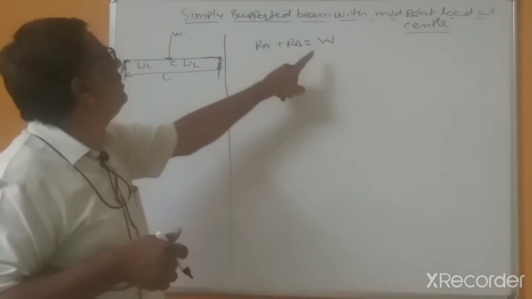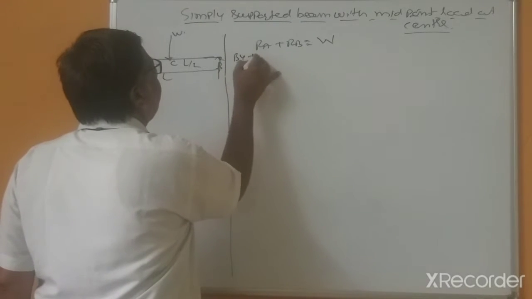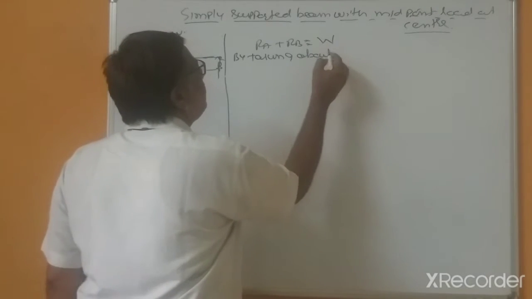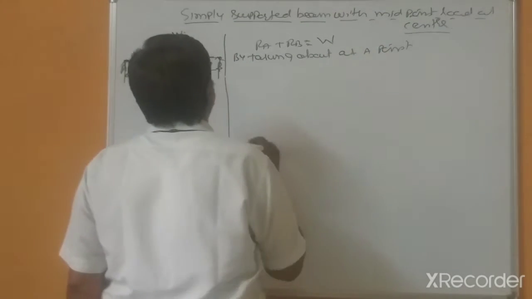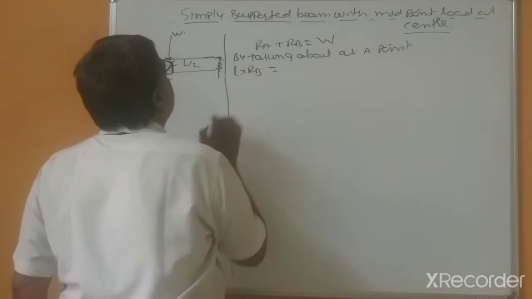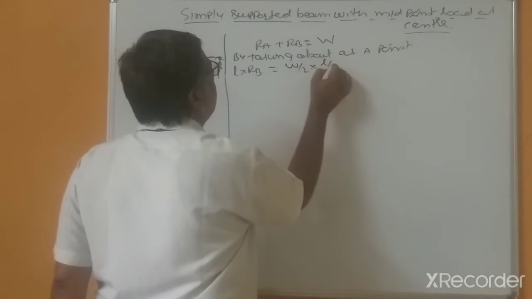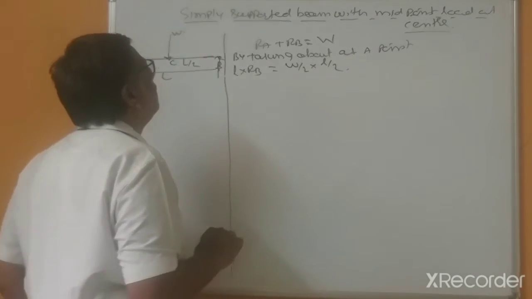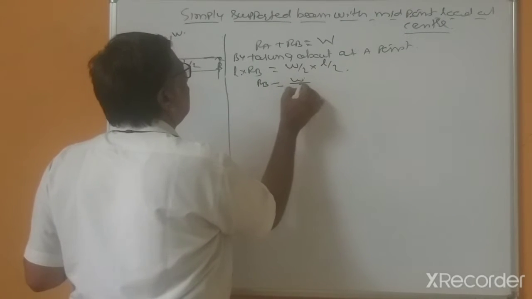So RA plus RB equals W, and by taking moment about any point, suppose at point A, RB into L equals W into L by 2. So RB equals W by 2.